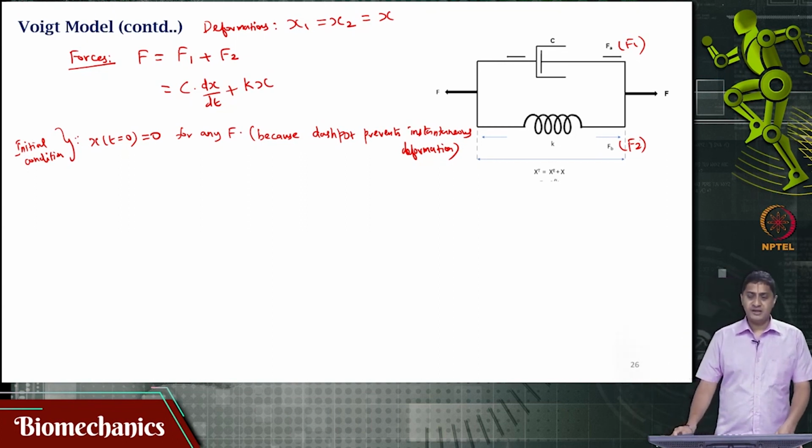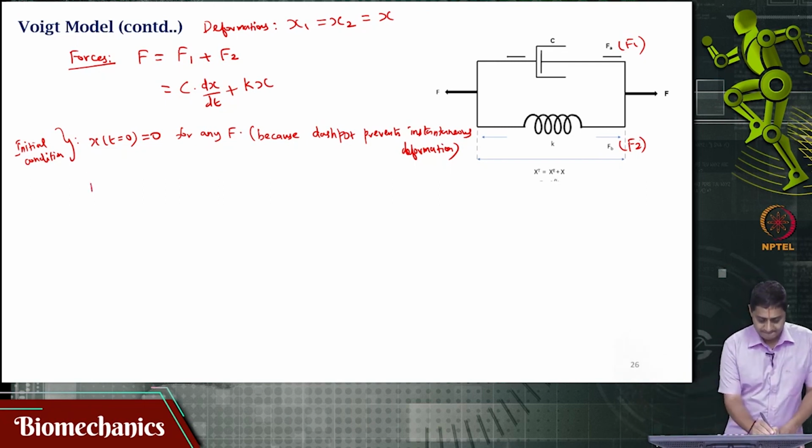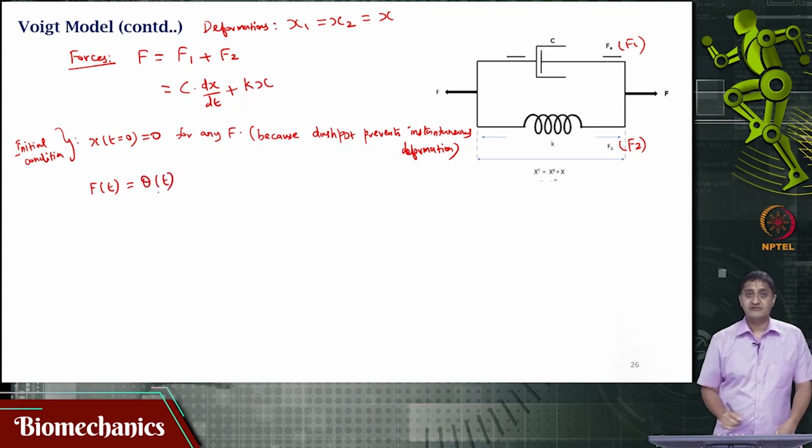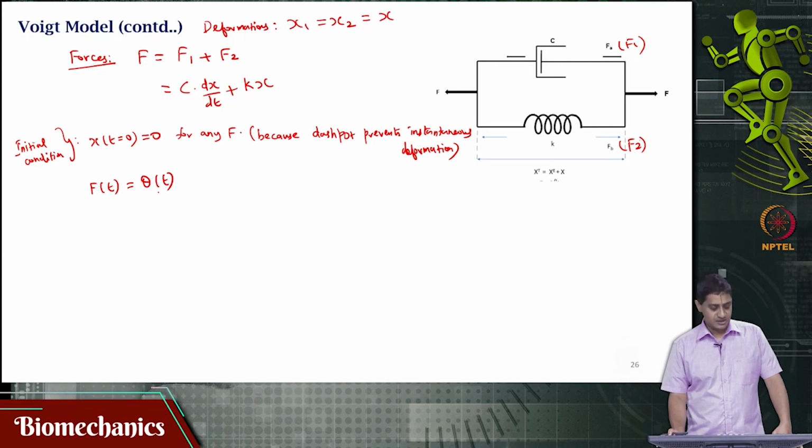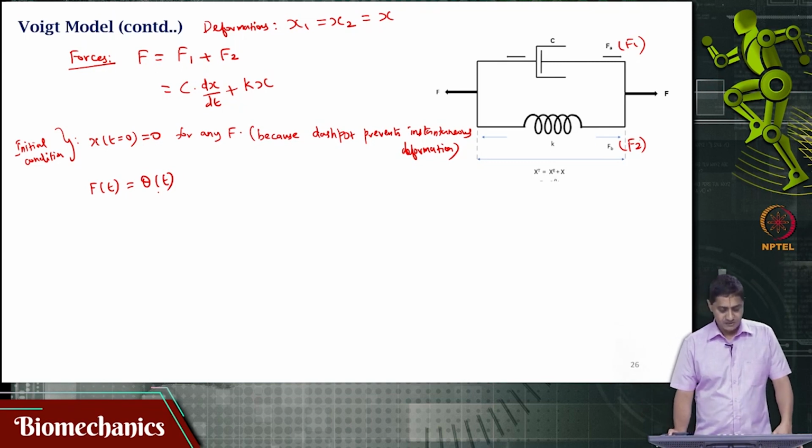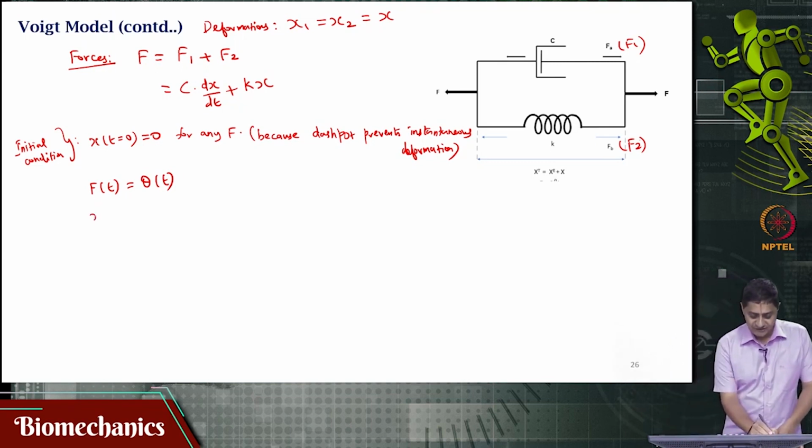Now, if I apply some force f of t equal to f naught theta of t, as we discussed in the Maxwell model, what would be x of t for this f of t? What would be the response?